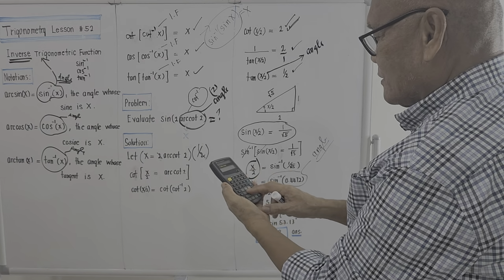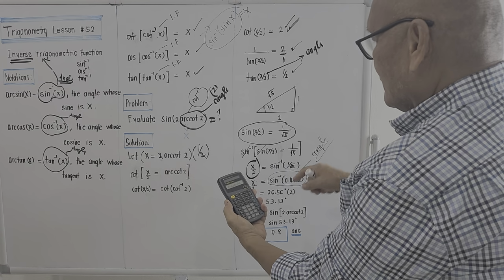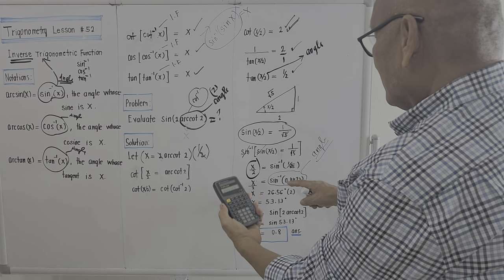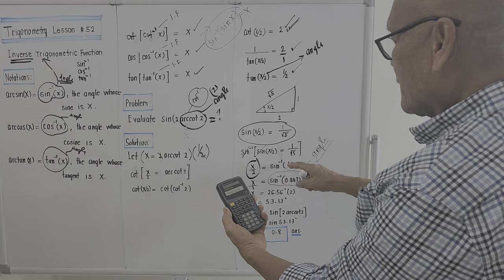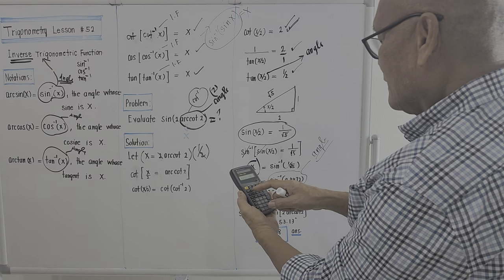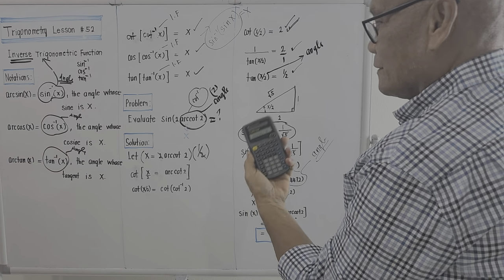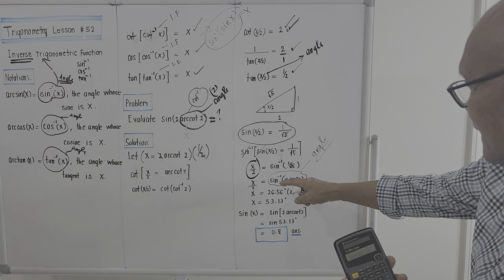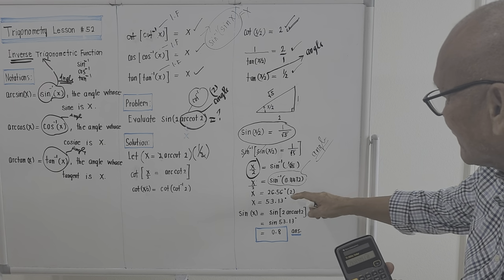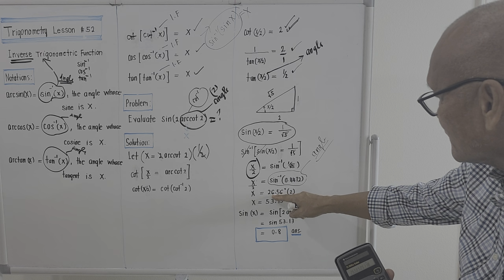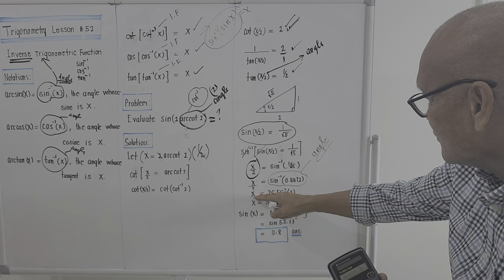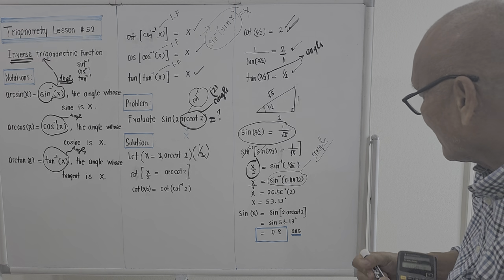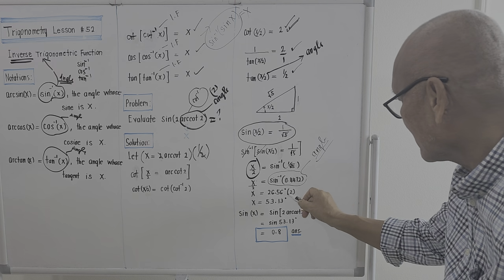We take the reciprocal, then we will compute for the angle, so second function, angle. The angle is 26.56 degrees. So the arc sine of 0.4472 will be an angle. It is 26.56 degrees. So x now will be 26.56 times 2, and the value of x is actually 53.13 degrees.